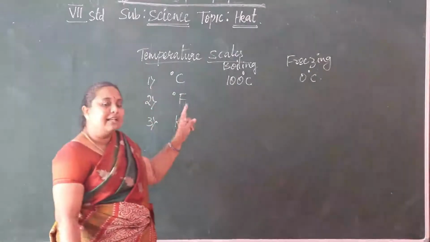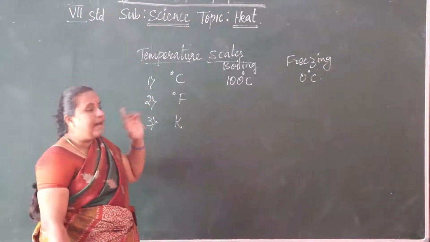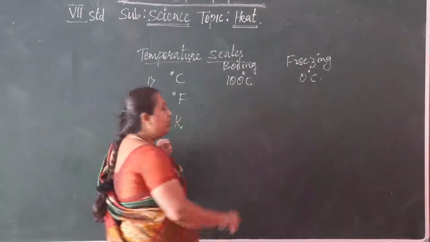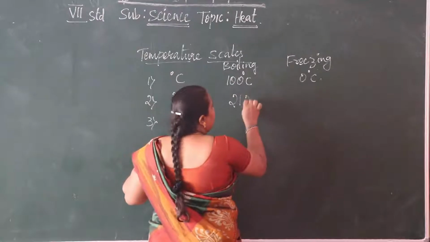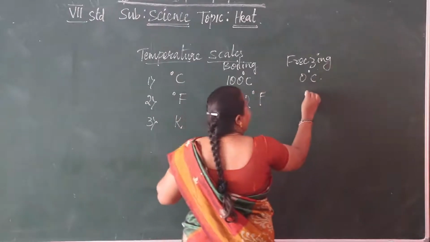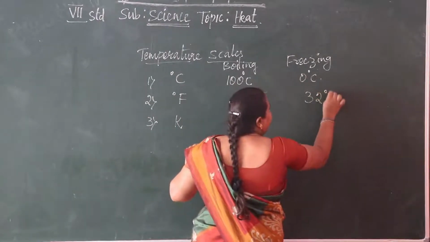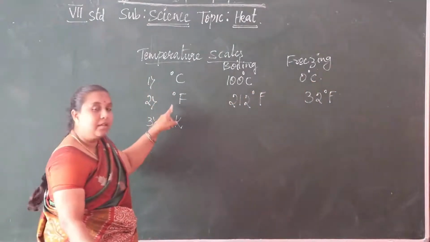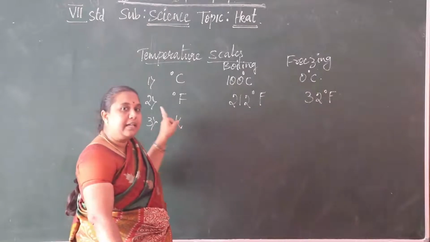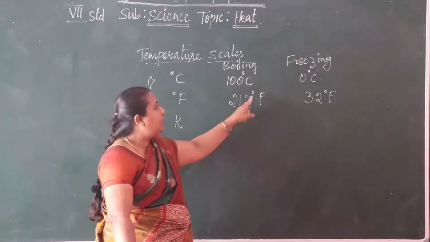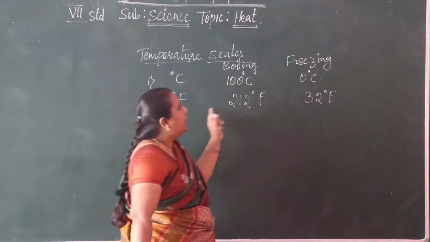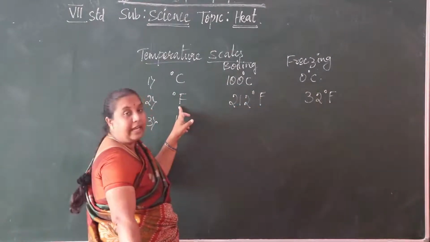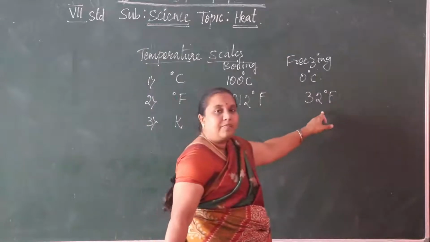In the Fahrenheit scale, the boiling point of water is 212 degree Fahrenheit and the freezing point is 32 degree Fahrenheit.